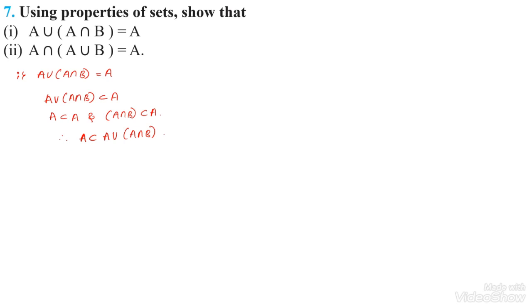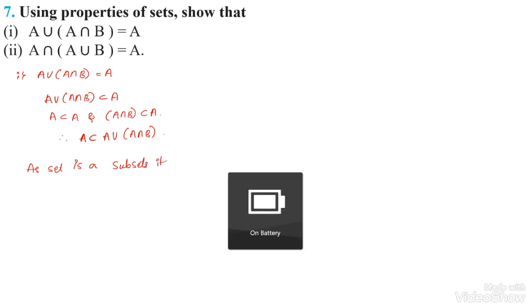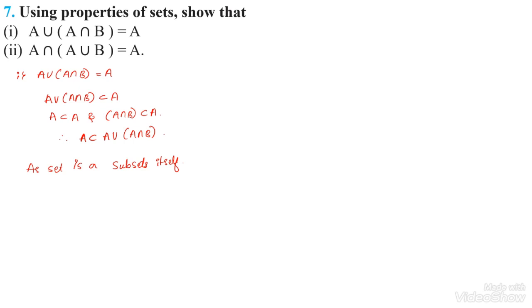Again, a set is a subset of itself. Also, A is a subset of A intersection B only.